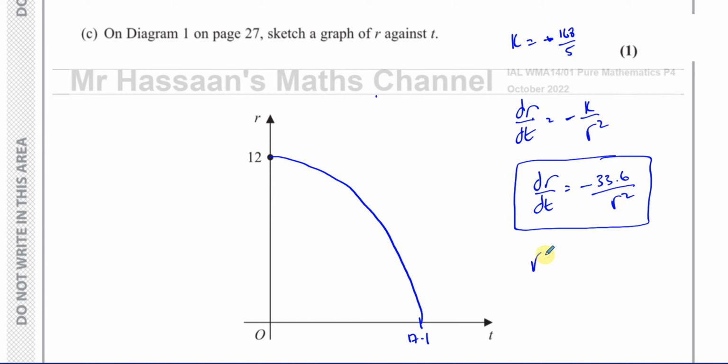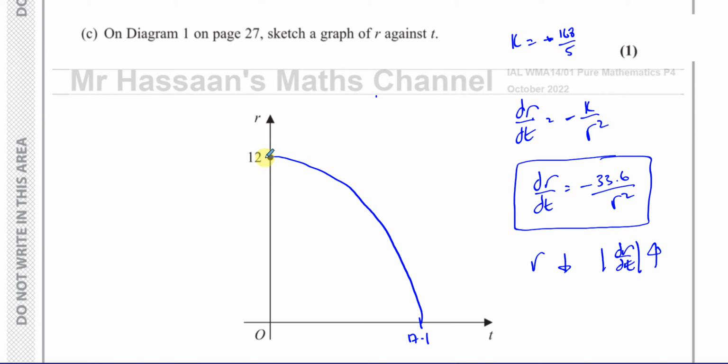You can see as r gets less, the magnitude of the gradient is going to get more, because they're inversely proportional. So as this denominator gets less and less, this is going to get more and more, in terms of its magnitude. But because it's negative, it's going to get more and more negative. So the graph is going to be steeper and steeper as you go along.